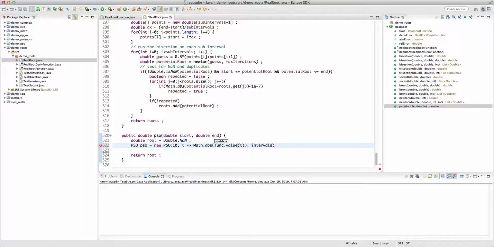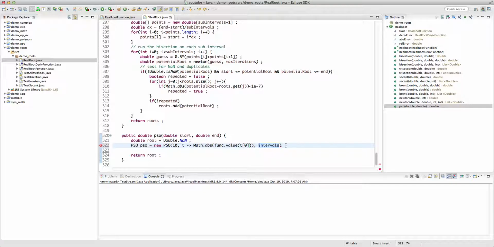And recall that here the fitness function for the PSO was an n-dimensional function. So because here we're just looking at the one-dimensional function, it should be t of 0, so the first element of t. So t is a vector, all right?